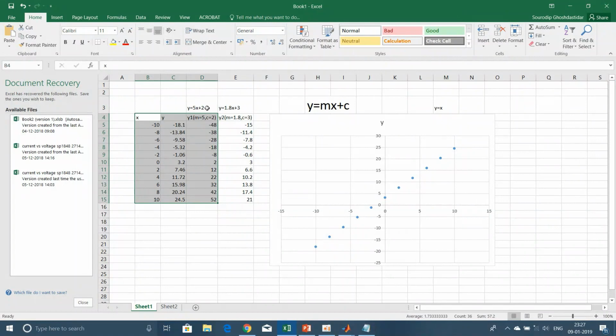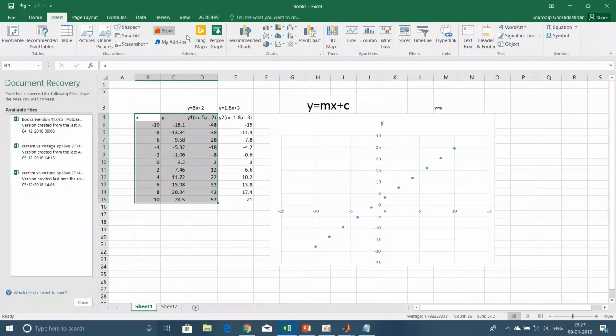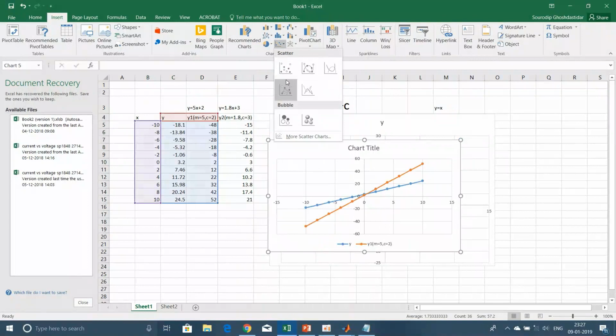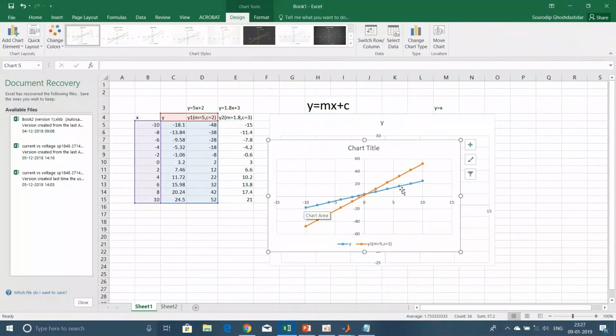So I've assumed m to be 5 and c to be 2, and I'm just seeing if that particular assumption gives me a straight line with a good fit. So let's try and insert a chart. Okay, so the blue line that you see here is the experimental data, and the red line that you see here is basically the line y is equal to 5x plus 2. I've taken m to be 5 and c to be 2.